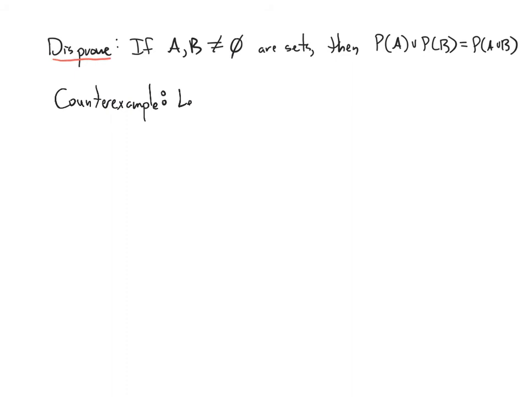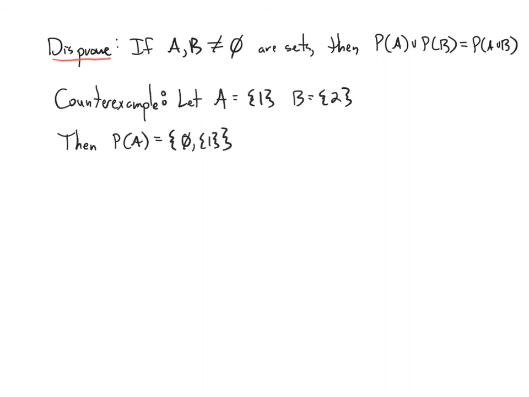So let's let A be the set {1}, and let's let B be the set {2}. Well then, the power set of A is easy. There's just the empty set and the set containing 1, itself.